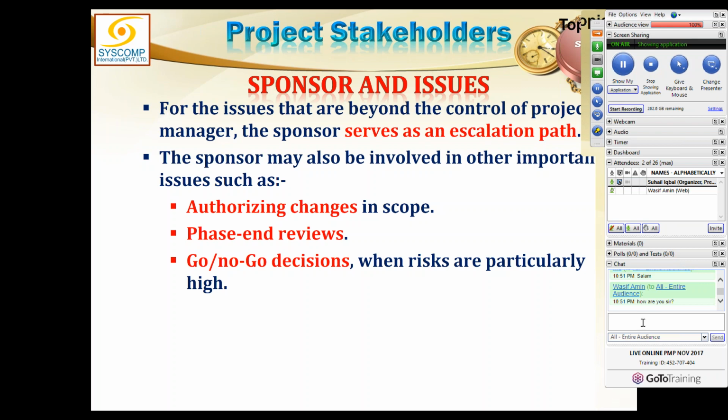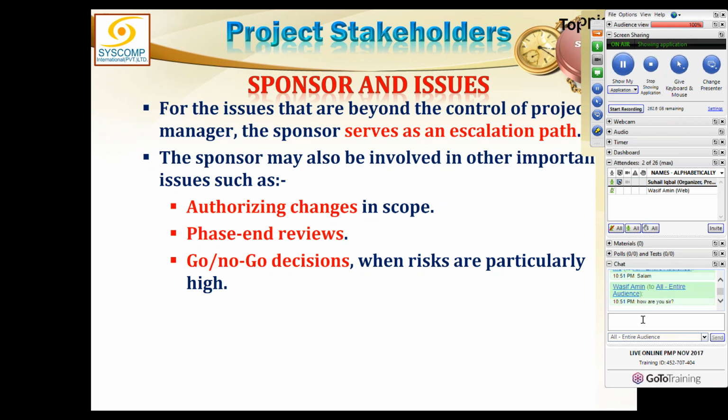Mubin asks, sponsor escalates to whom? Actually, right now what I have said is that the sponsor is in the escalation path. The project manager will deal with everything within the project, and if there is something he cannot resolve by himself, he will escalate those issues to the sponsor.